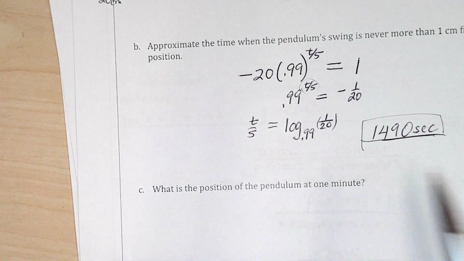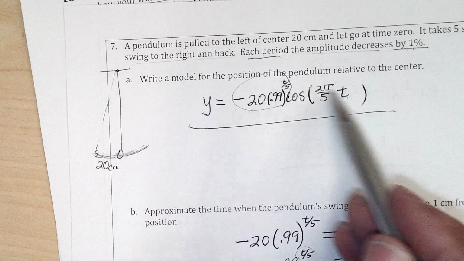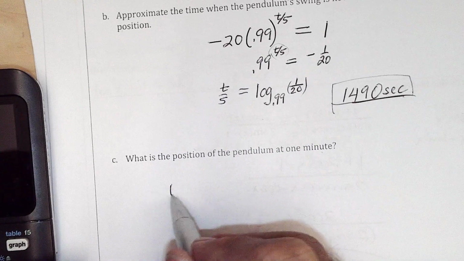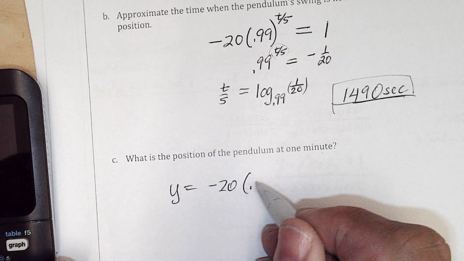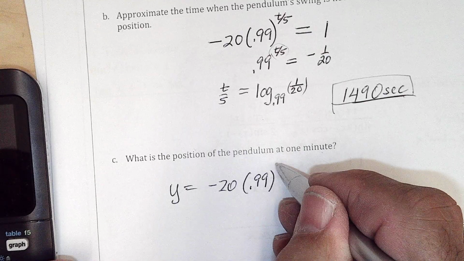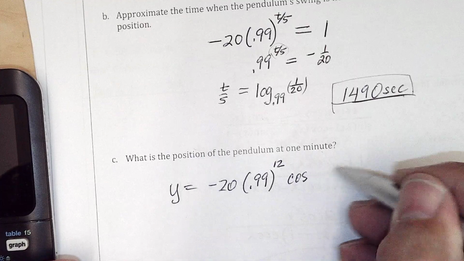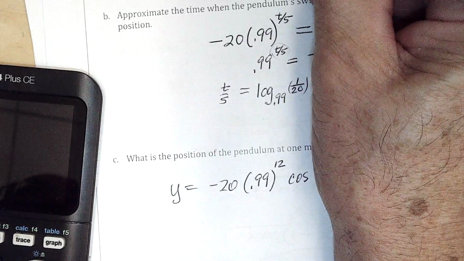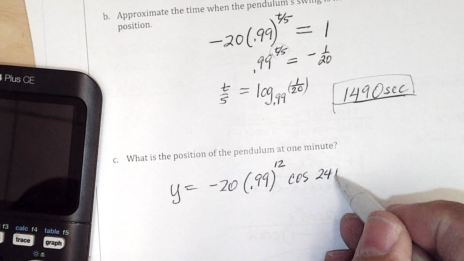What is the position of the pendulum after 1 minute? That means we just got to go up here and put 60 in. So it's going to be minus 20 times 0.99 to the 60 divided by 5, which is 12, cosine 60 divided by 5 is 12 times 2 is 24 pi.